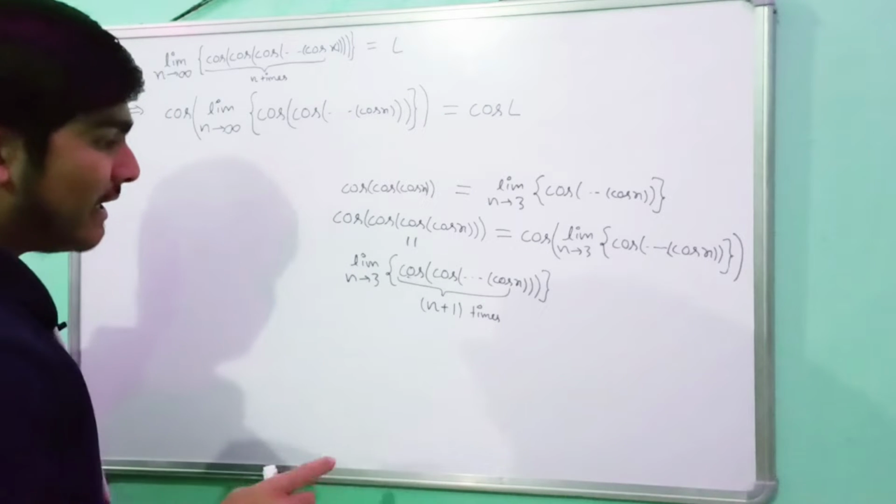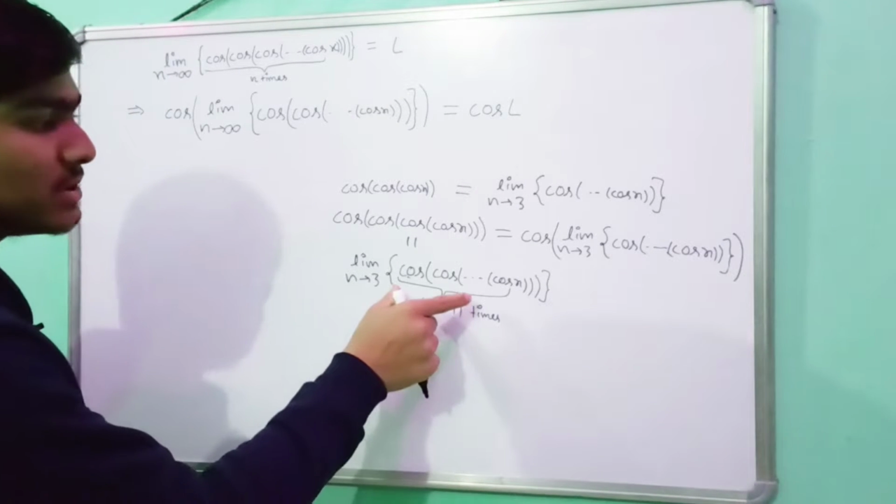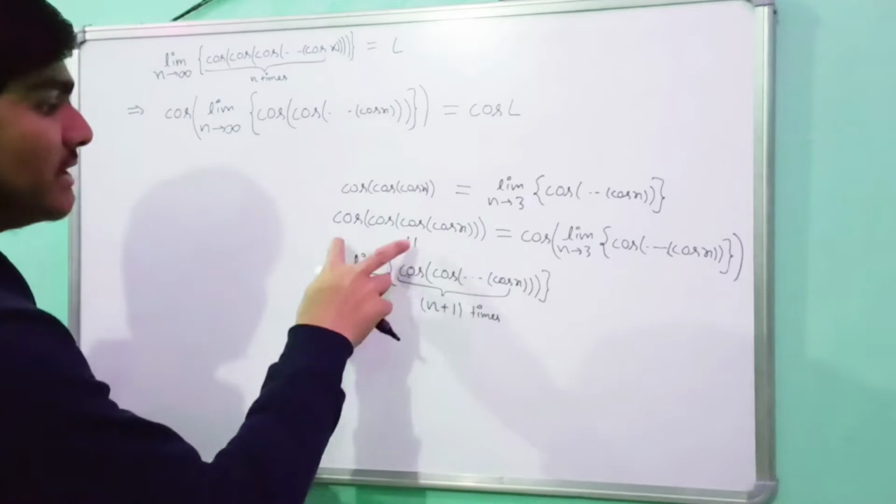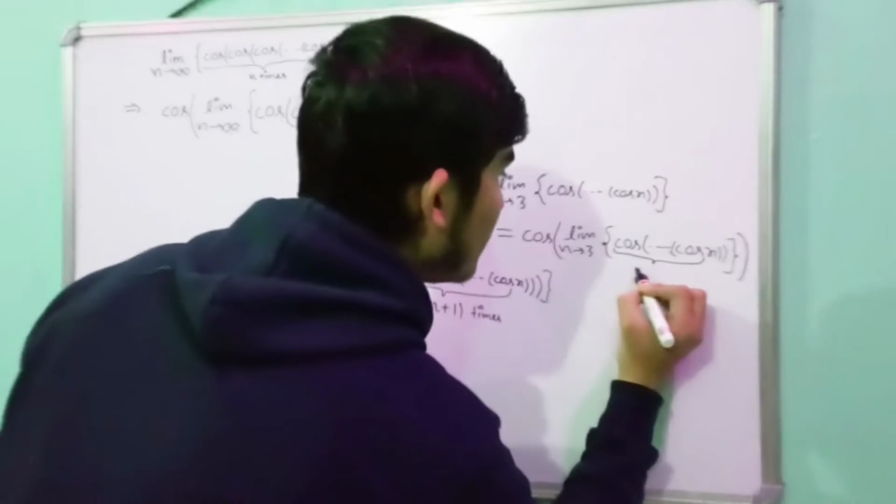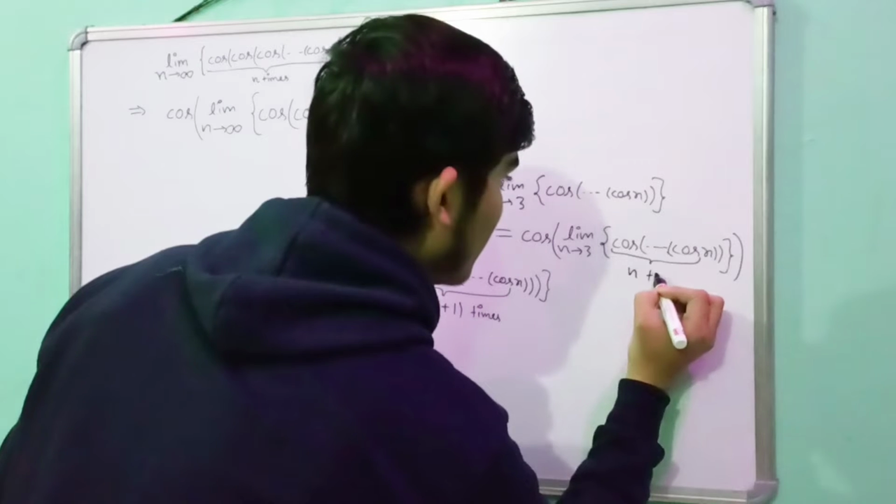So when n goes to 3, it will be 4 times. So cos will be 4 times here. So these two expressions are the same itself. It was n times.